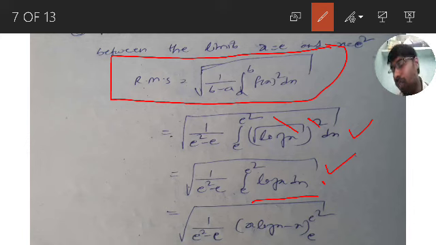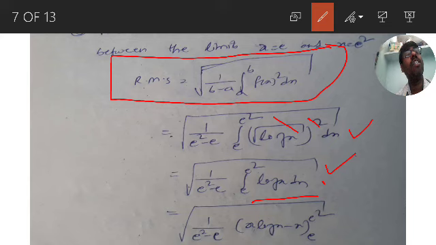If you don't know the formula, what to do? You have to write log x is equal to 1 into log x. 1 is an algebraic function, log x is a logarithmic function. In the ILATE rule, logarithmic comes first and algebraic comes second. So take u is equal to log x, v is equal to 1, the derivative u dash is 1 by x, and integration of v, that is integration of 1, is x.